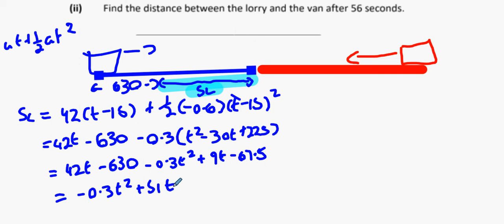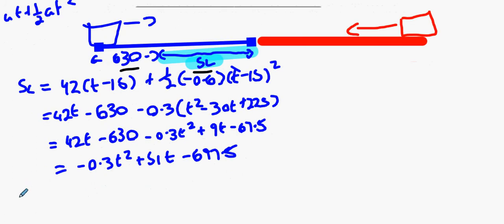Oh, sorry, added together, my bad, is minus 697.5. So the blue region, which is your 630 plus your S_L, so the blue distance altogether, the total distance covered by the lorry, we'll do that in a second, because I have written this down as S_L.